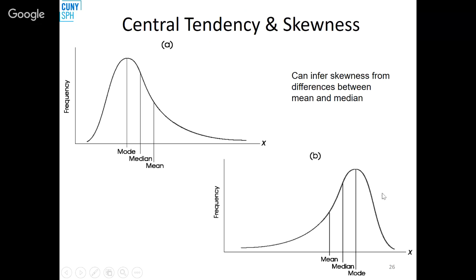And similarly, with a left skewed distribution, the median is smaller than the mode, and the mean is even smaller. So even if you weren't able to see the distribution in a box plot or a histogram, which would be the easiest ways to infer skew, if you just saw the mean and the median, you should be able to tell me in which direction it is skewed.